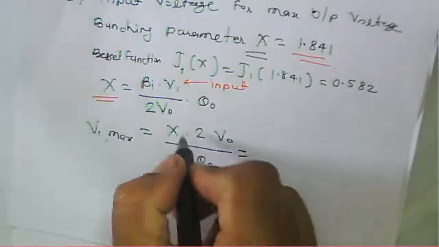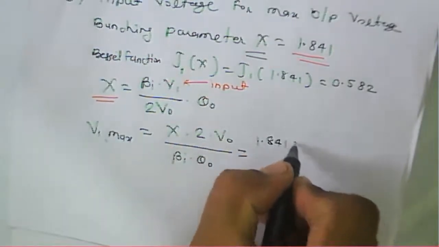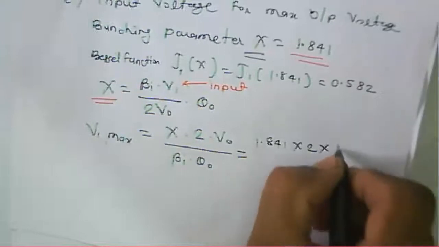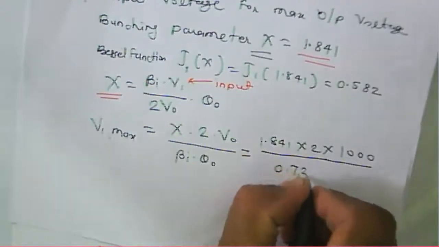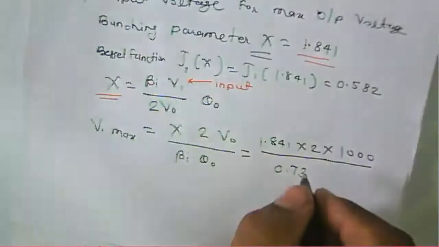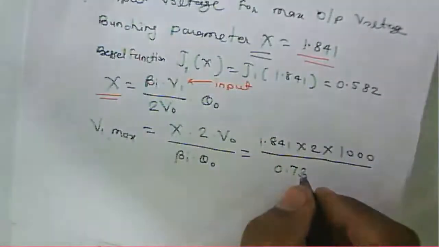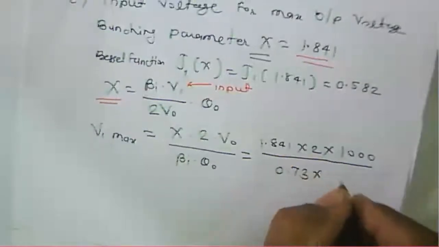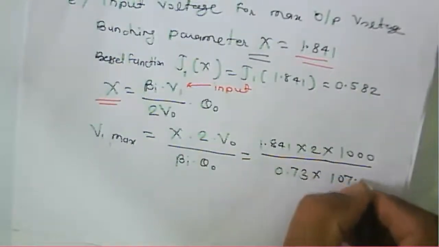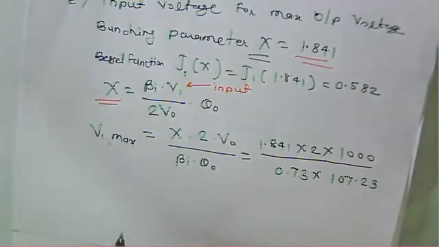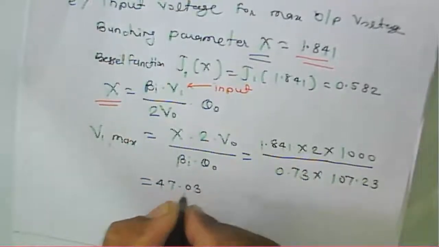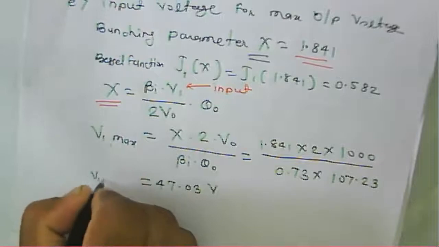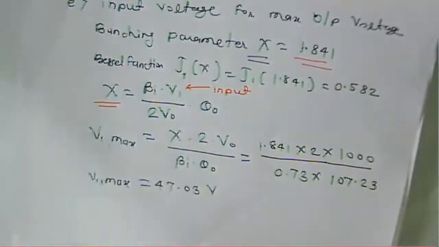So we get 1.841 into 2 into V0, that is 1 kV, 1000, divided by beta i 0.73 and the DC transit angle we got, 107.323. If you solve it, we will get V1 max equal to 43.01 volt. That is your value.